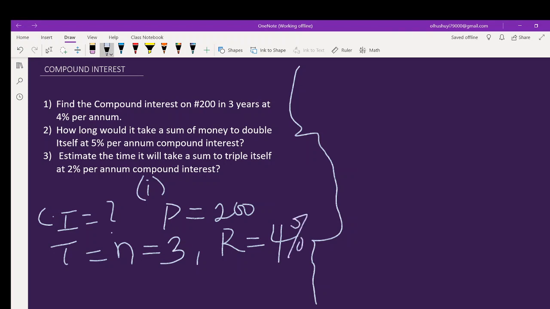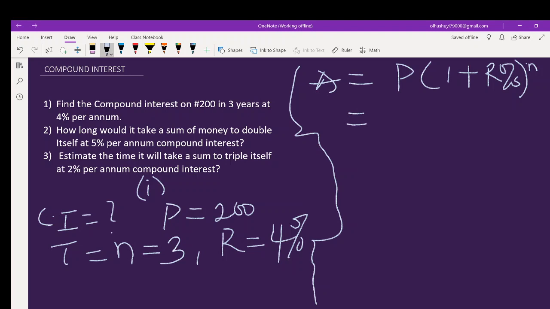Do you get that? So we go by the formula that says the amount is equal to the principal, open a bracket, 1 plus your R percent, all raised to power n. So what does this imply?